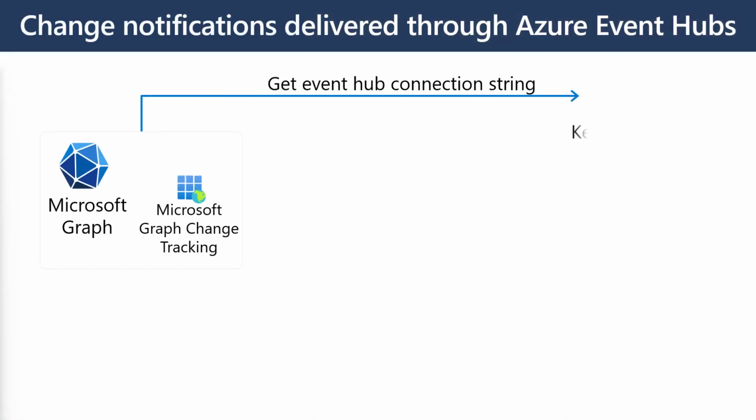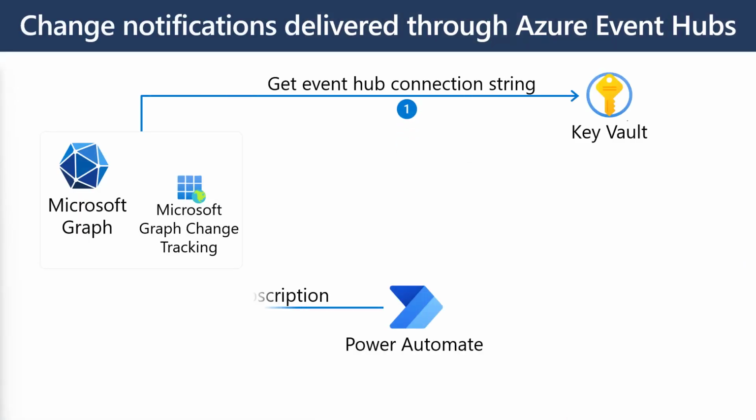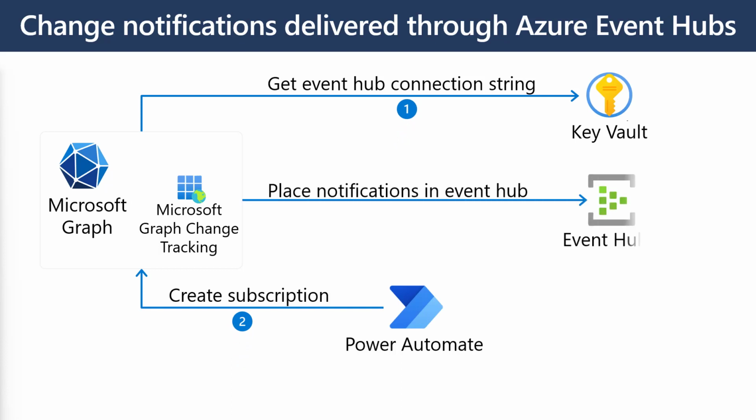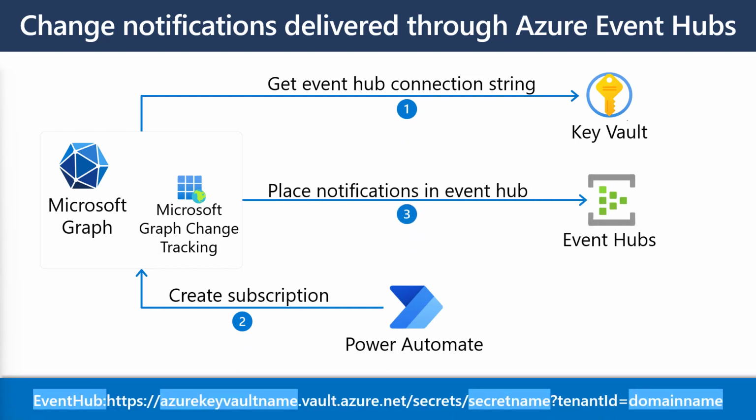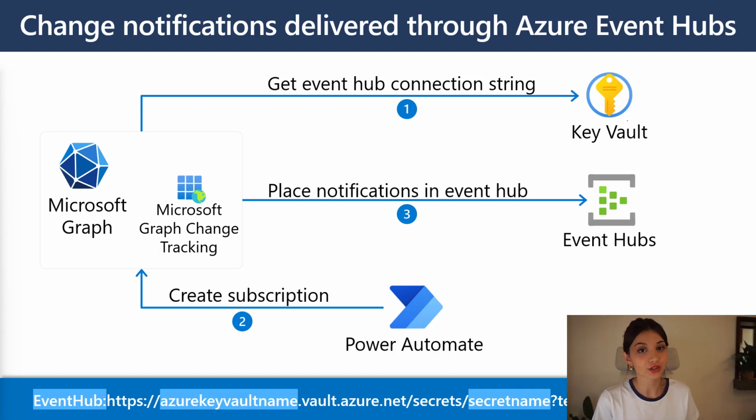So here's the flow we will follow. We will track change notifications using Azure Event Hubs. To do that, we of course need to create Azure Event Hubs and then Key Vault. Once we create Event Hubs, we will use the Key Vault to carry the connection string securely, and then we will create our subscription using the Key Vault URL.